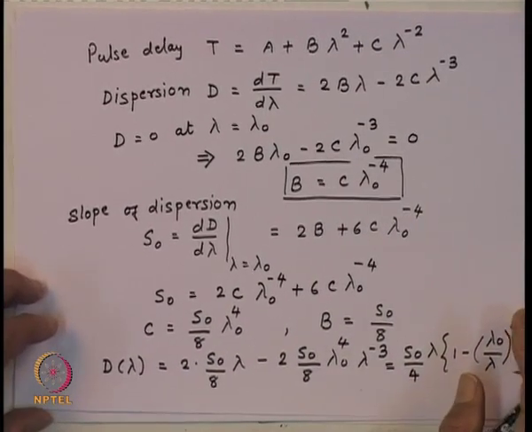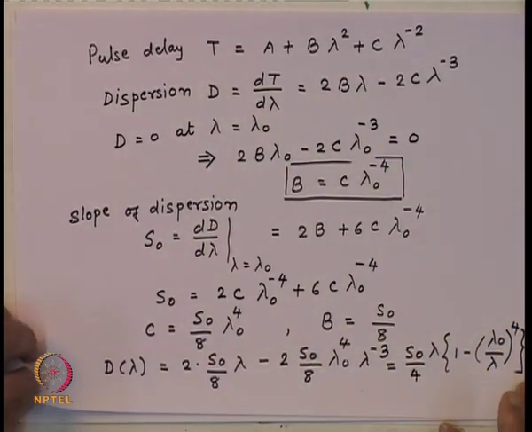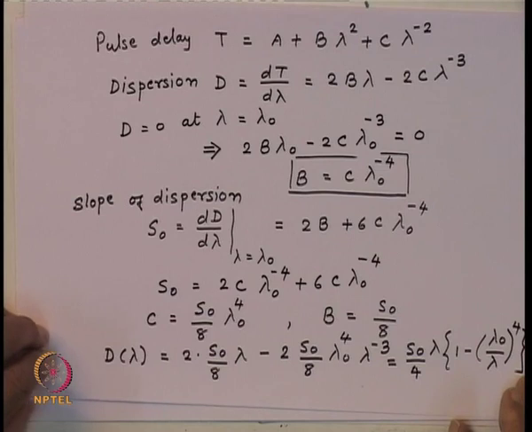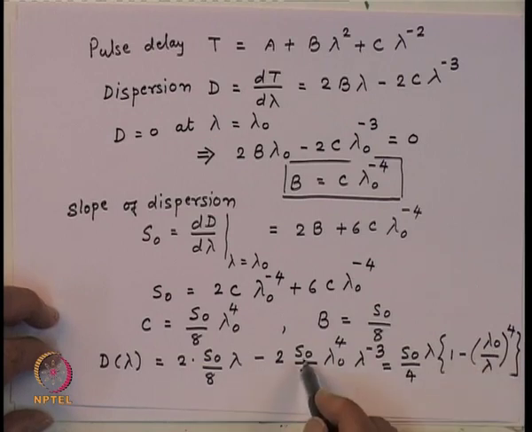So, that is what is asked here, that if the pulse delay was given by this expression, then the dispersion on the optical fiber can be written in terms of the 0 dispersion wavelength, which is lambda 0, and the slope of the dispersion curve at the 0 dispersion wavelength.